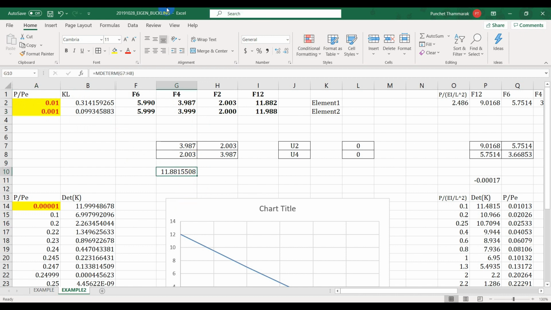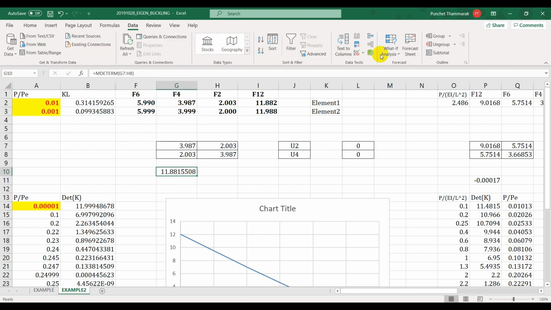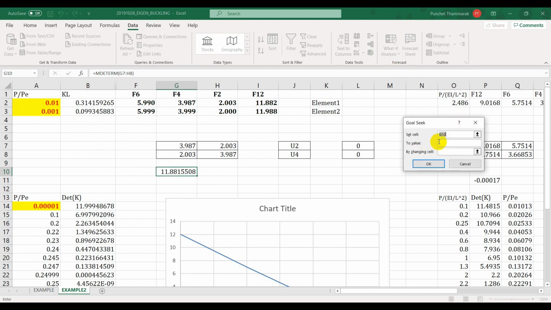Let me just use the goal seeker, put the number 0 here. The second element, we are not using it now. We might use it later. You might wonder why I keep it. I'm not using it right now because we have 1 element, but if we discretize into 2, we're going to use it.